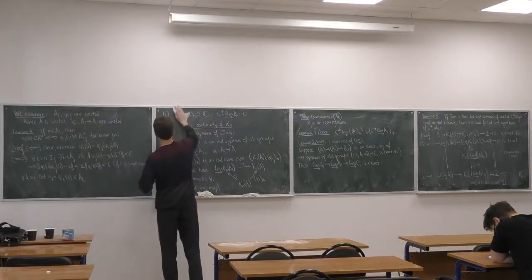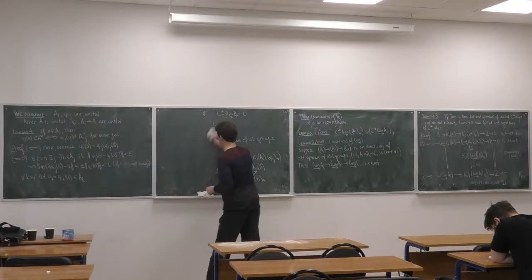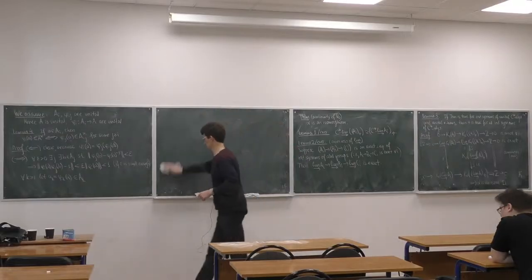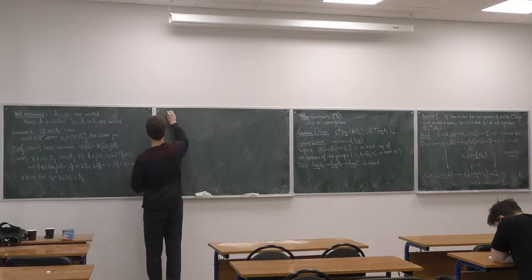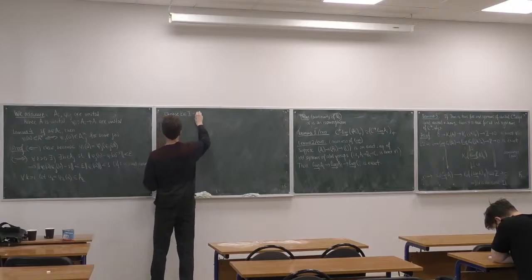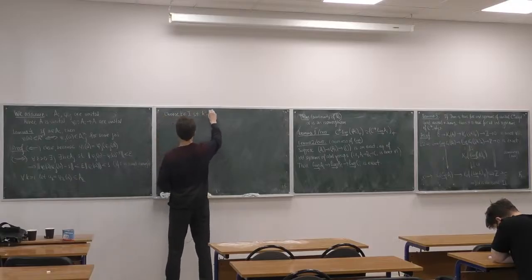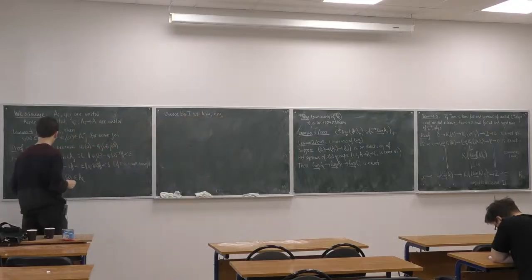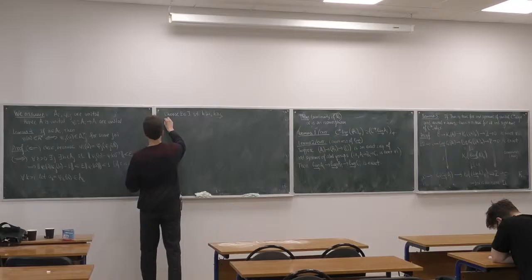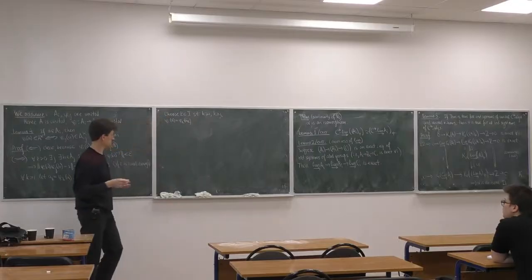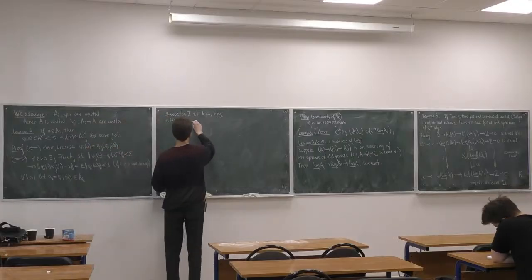If we now choose k such that k is greater than or equal to i and greater than or equal to j, then we have phi_i of a is equal to phi_k of a_k, just by the commutativity of this suitable diagram.